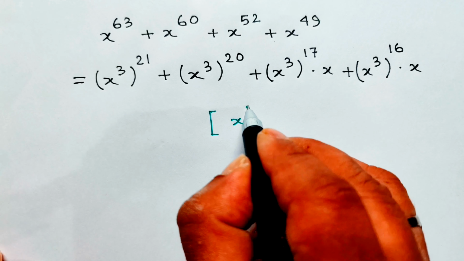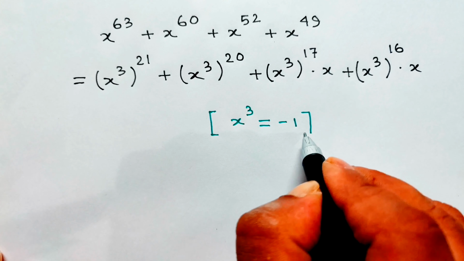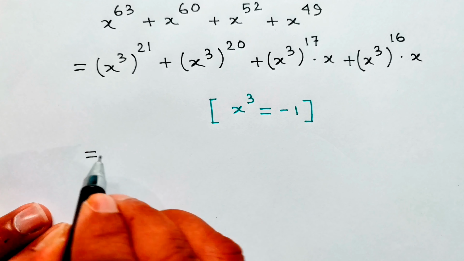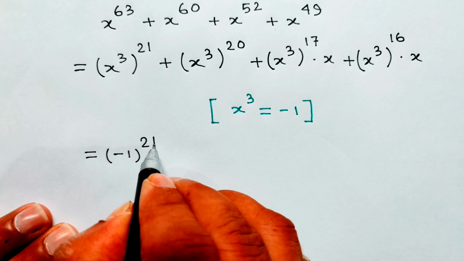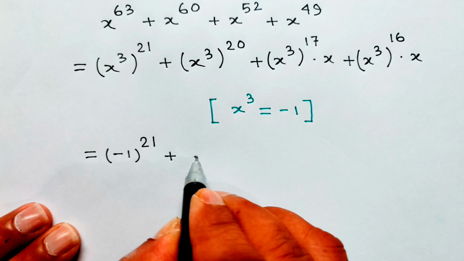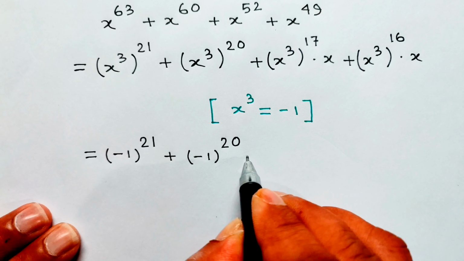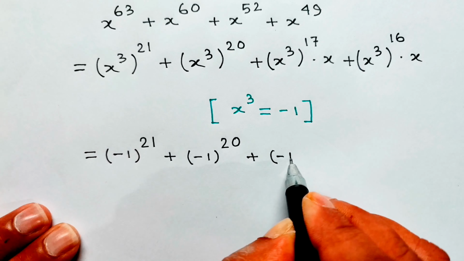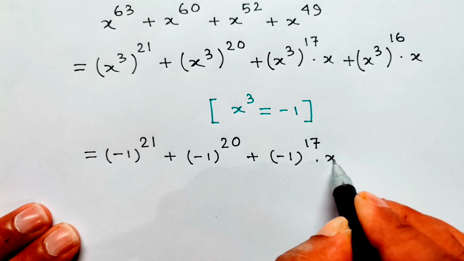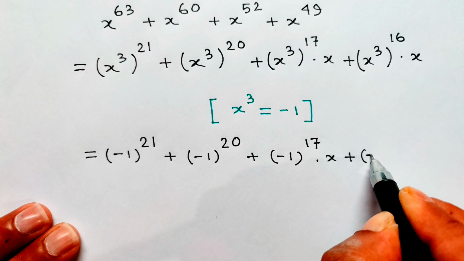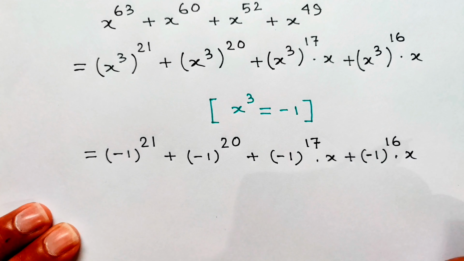x to the power 3 equals minus 1. Then it equals minus 1 whole to the power 21 plus minus 1 whole to the power 20 plus minus 1 whole to the power 17 into x plus minus 1 whole to the power 16 into x.